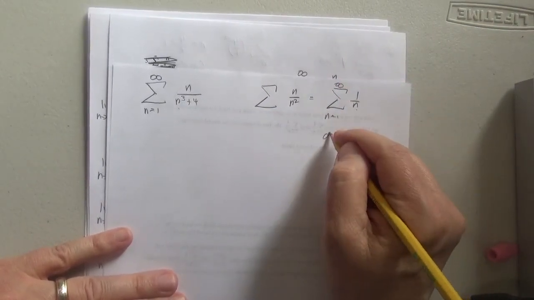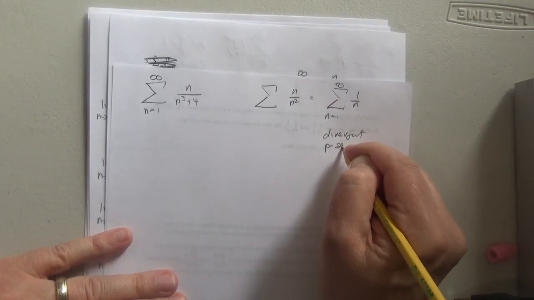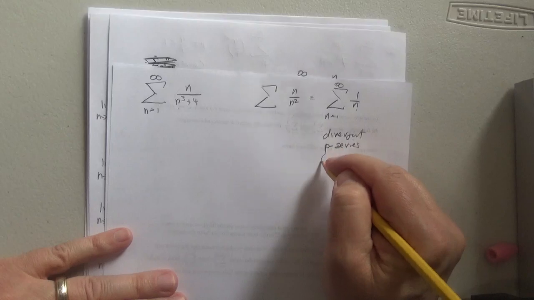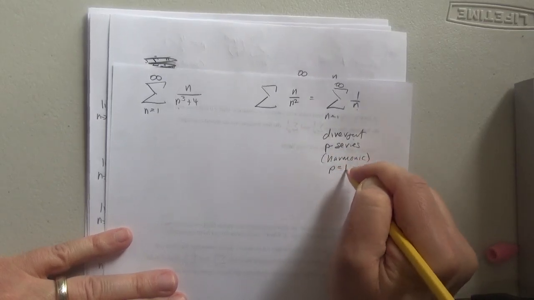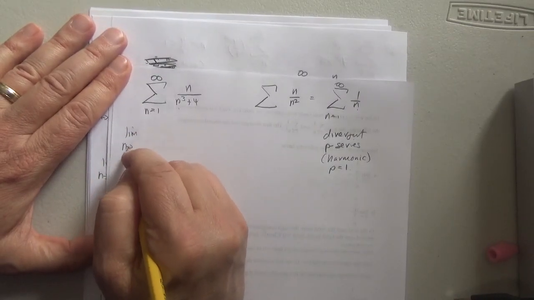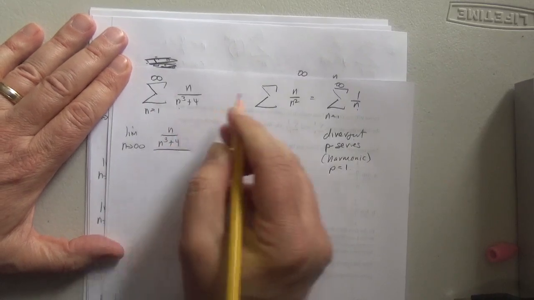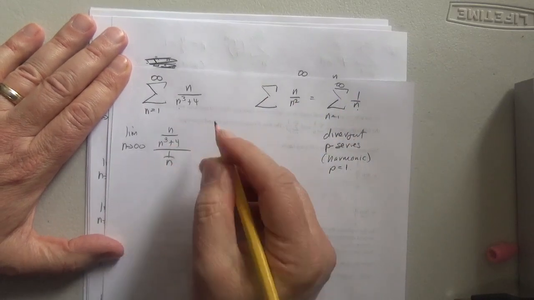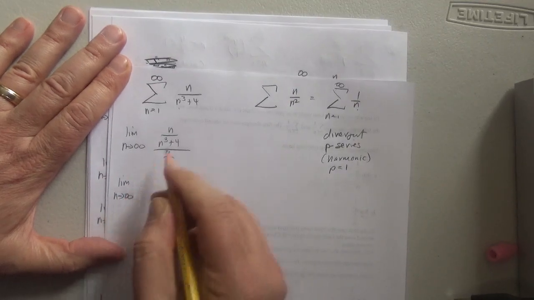So we know that this is divergent. P series, harmonic, P equals 1. So the limit as n goes to infinity of n over n cubed plus 4 all over 1 over n, I get the limit as n approaches infinity.